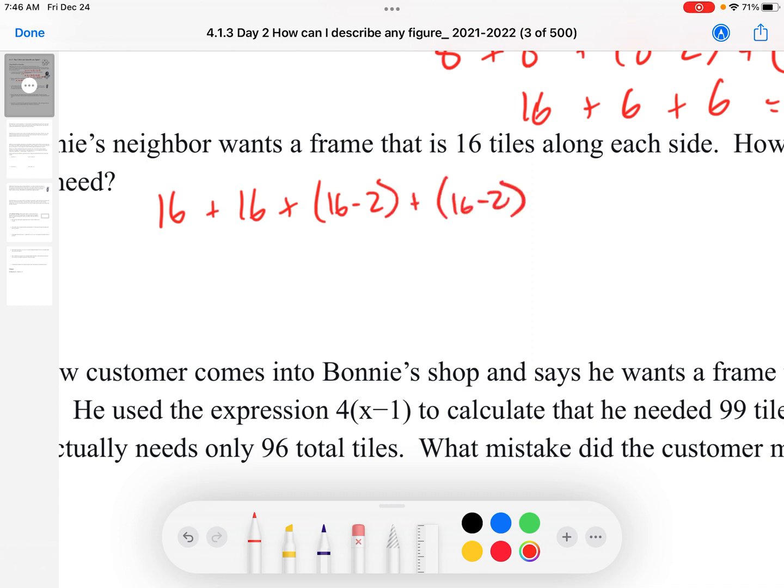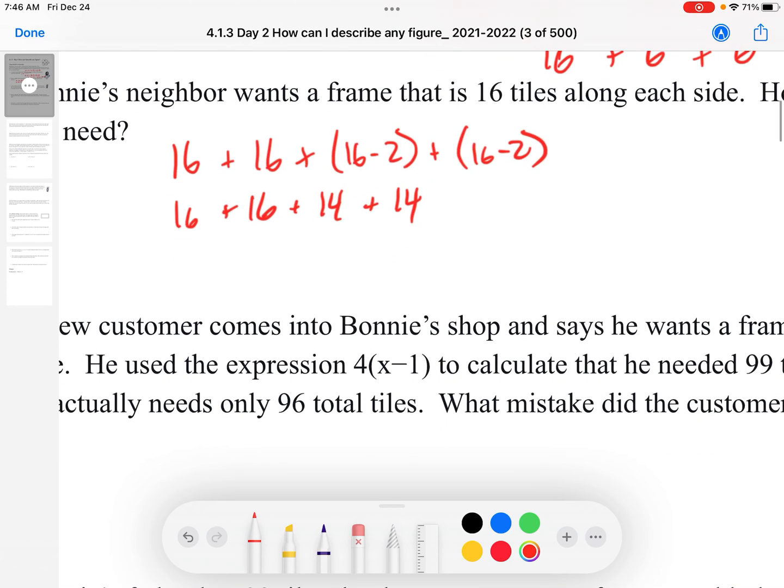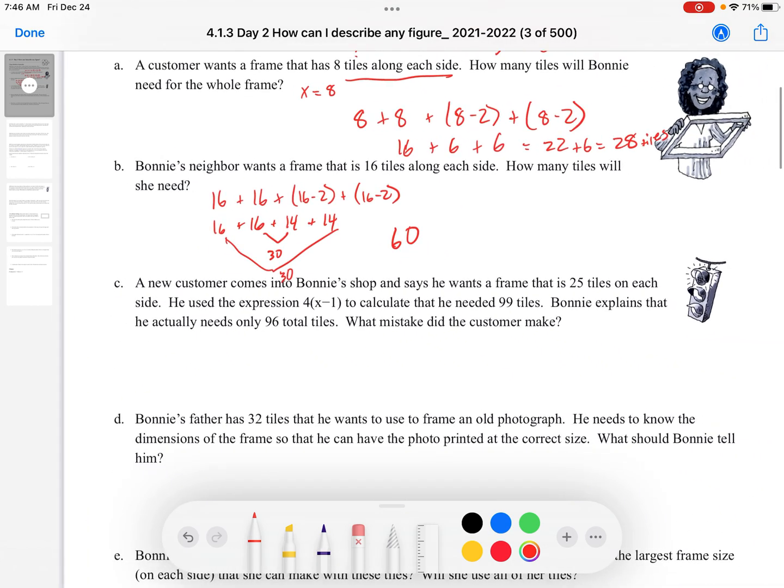And so I will figure out what's inside those right there. 14 each. I see some grouping opportunities here. 16 and 14 is 30. And that 16 and that 14 is also 30. So that's going to be a total of 60 tiles.